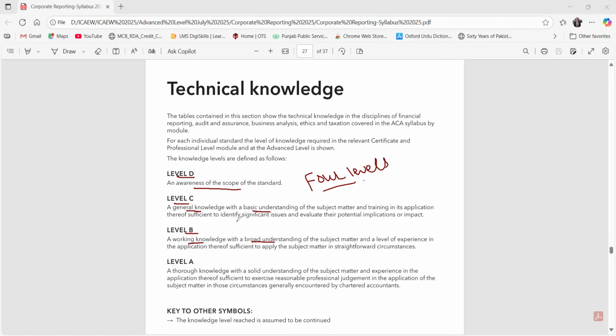And level A means you need thorough knowledge and a solid understanding, basically. In level A, you need comprehensive knowledge.